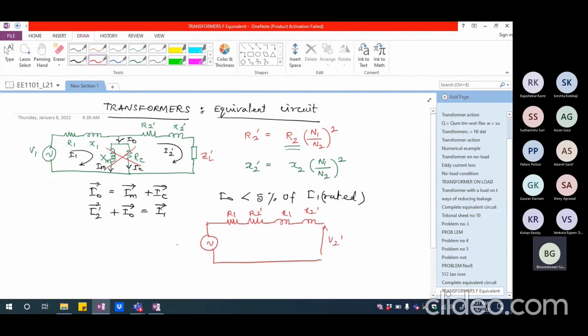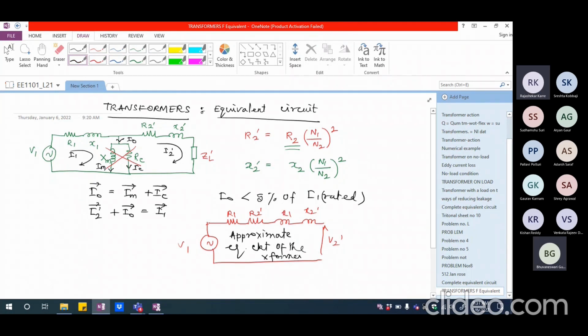Okay. So this is the approximate equivalent circuit of the transformer, where I'm neglecting the parallel branches.